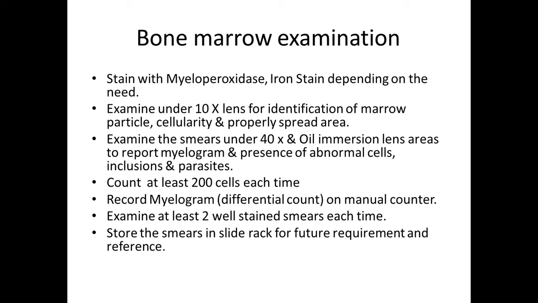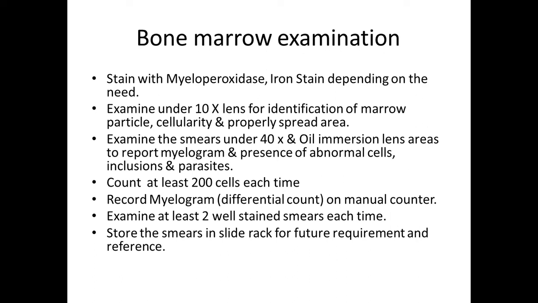We count at least 200 cells and examine for normal erythroid cells, their precursors, myeloid cells, immature myeloid cells, right from blast, stem cells, then promyelocytes, myelocytes, various types of granulocytes like neutrophils, eosinophils, basophils, monocytes, lymphocytes, any abnormal cells like lymphoblast, monoblast, myeloblasts.